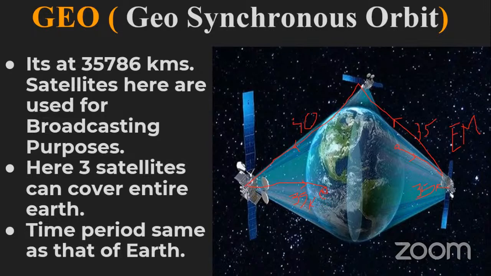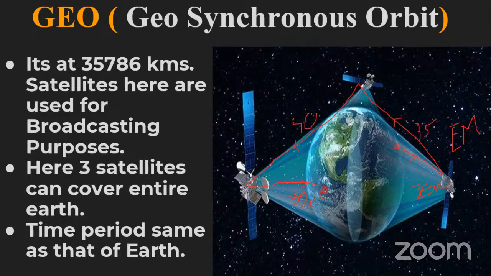Now, what is geosynchronous? This is what I said. At one point this O is down, and at the other point the O is up, which means I will have to adjust my height. If I am adjusting the height while revolving, then it is called geosynchronous.